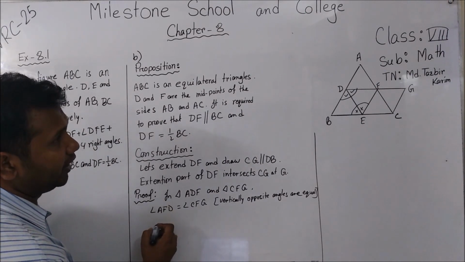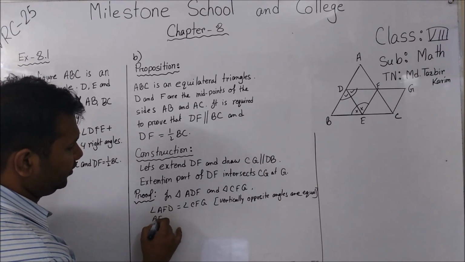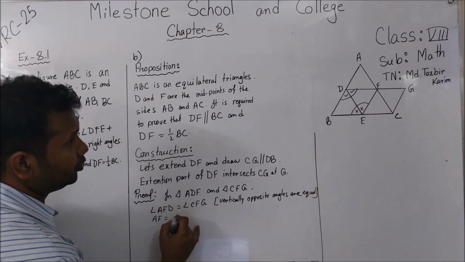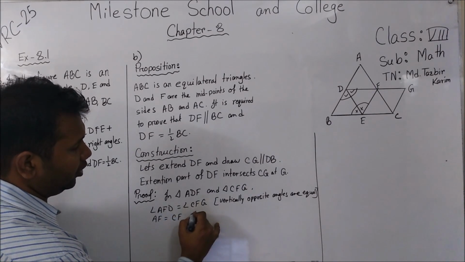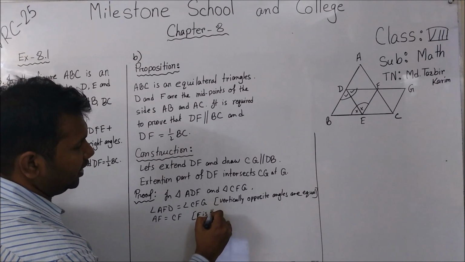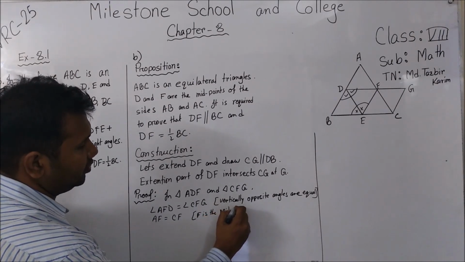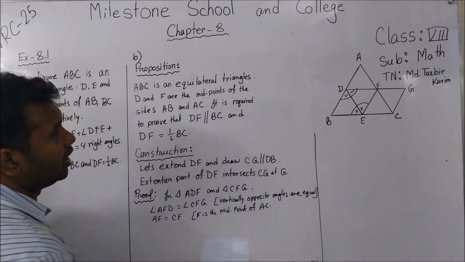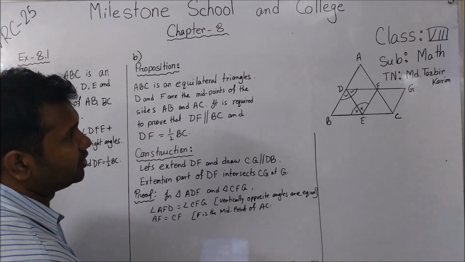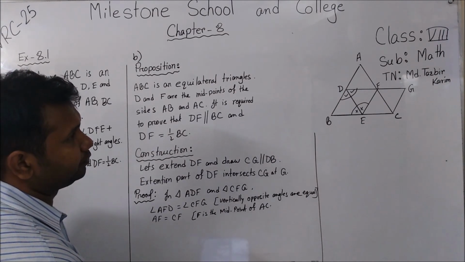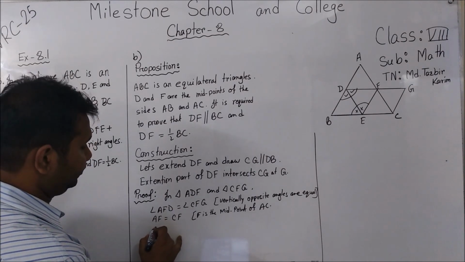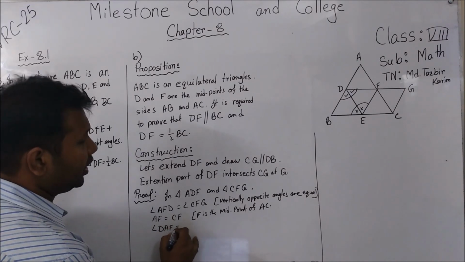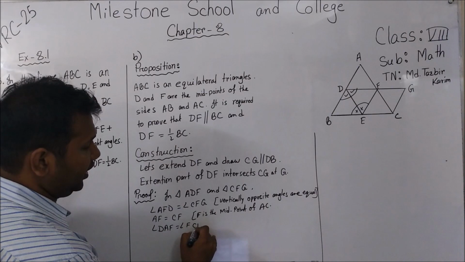Then we can say that AF equal to CF, because F is the midpoint of AC, and we can say that angle DAF equal to angle FCG.